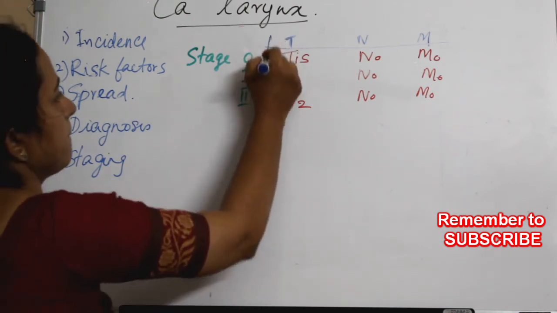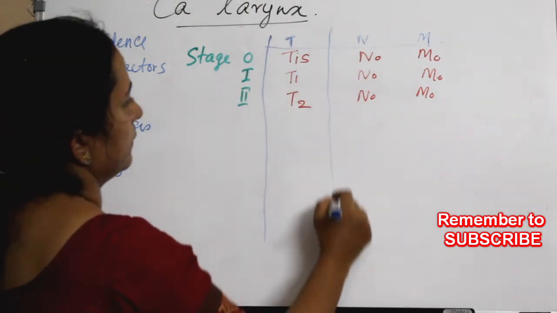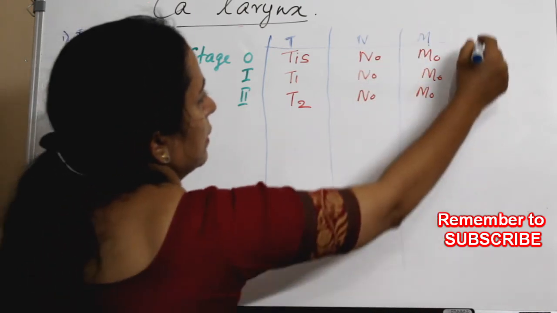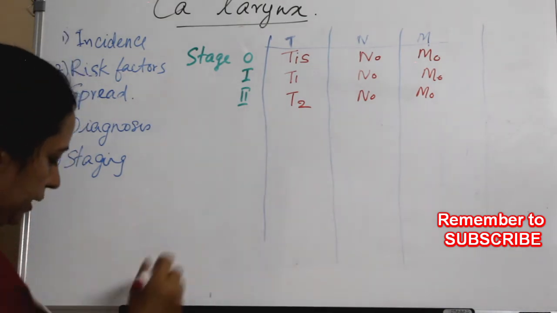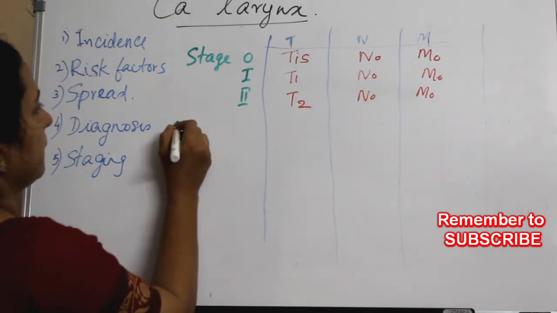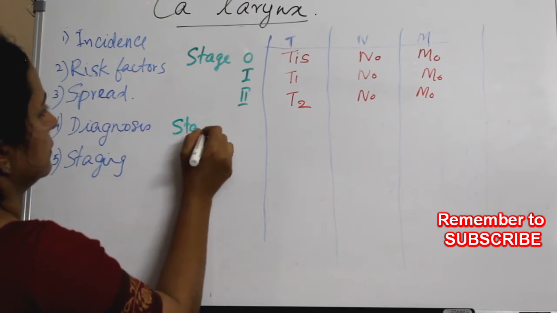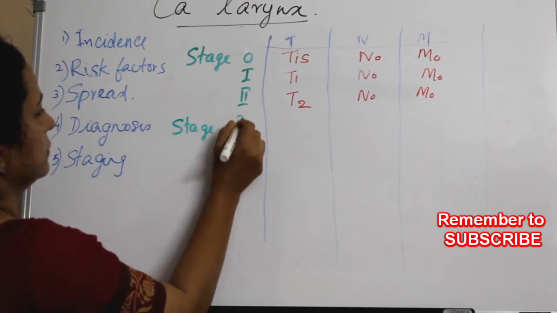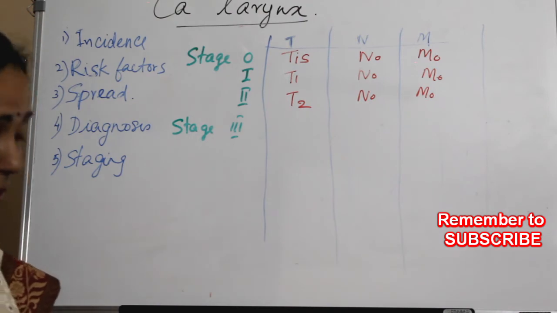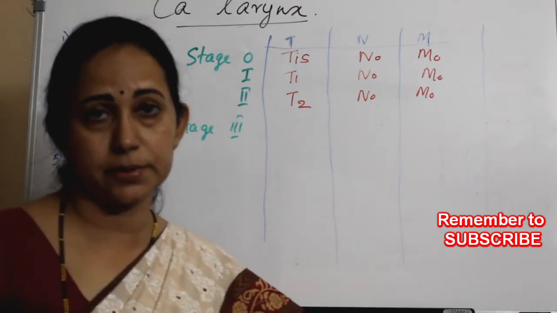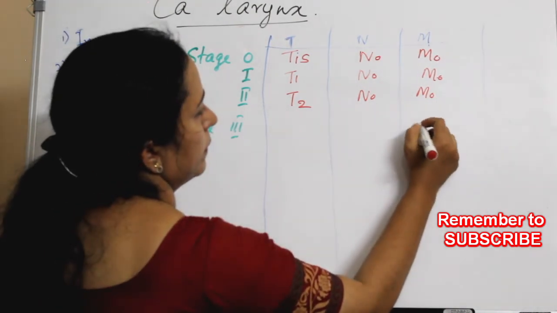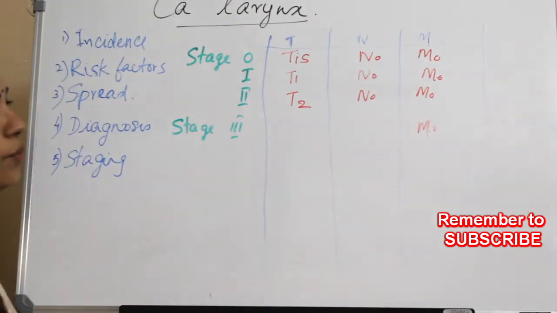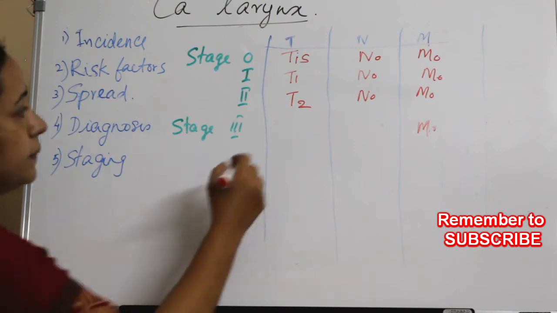And for stage 3, both N0 as well as N1 come, but again M is 0, right? So what about T3?